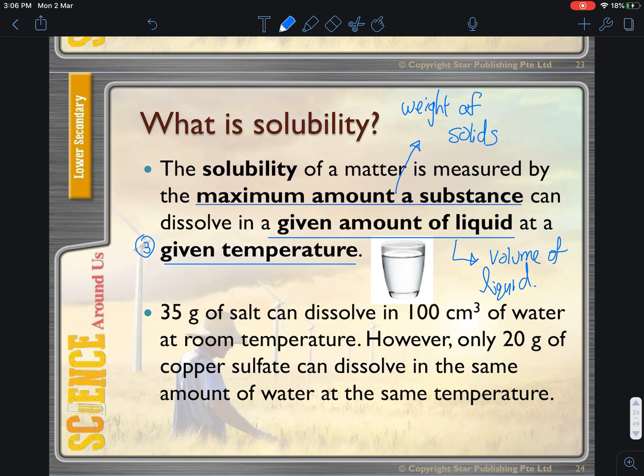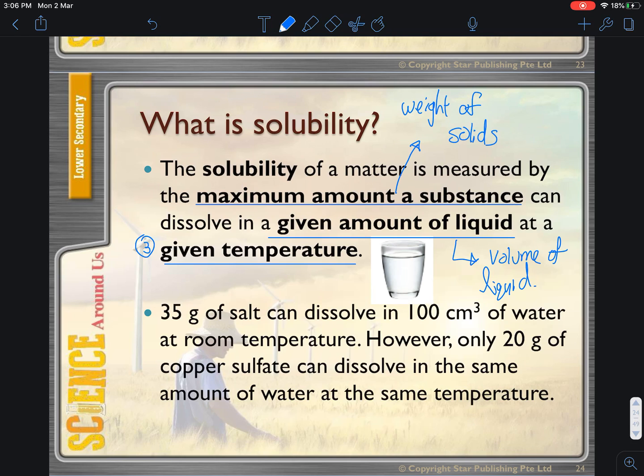For example, let's say you want to make a Milo drink. When you add the Milo powder to cold water, as compared to adding the same Milo powder to hot water, you realize that it is able to dissolve at a different rate.